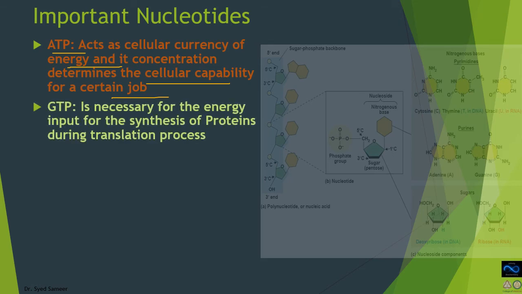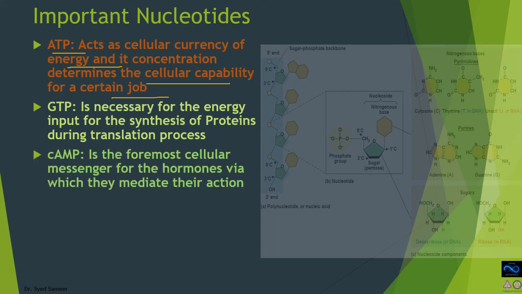Similarly, there is GTP, which does a similar function to ATP. It provides the energy input specifically for the translation process when proteins are being synthesized by the ribosomes. So ribosomes depend upon GTP as well.